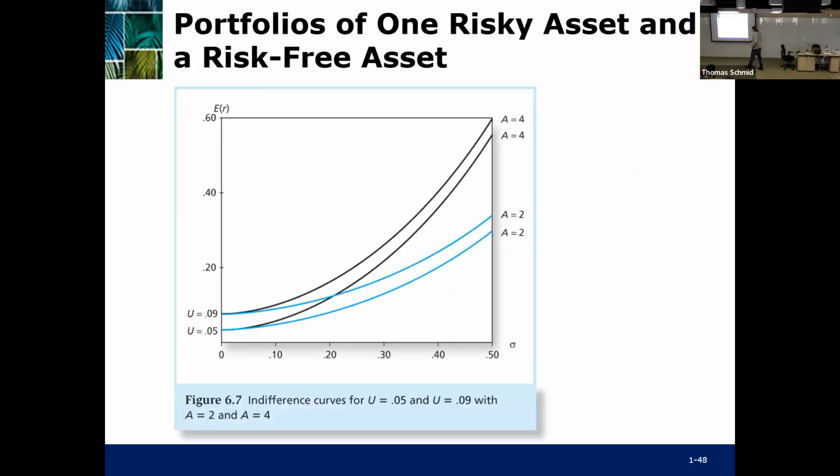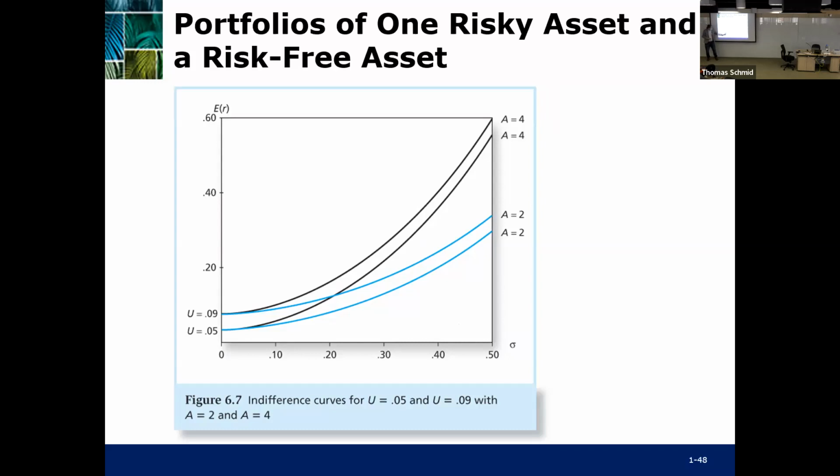Because if you remember, and that is also what we talked about last week, higher indifference curves always go along with higher utility for risk-averse investors, right? Also for risk-neutral. Like the two blue lines are the same investor, but the higher one has a utility of 0.09 and the lower one of 0.05.